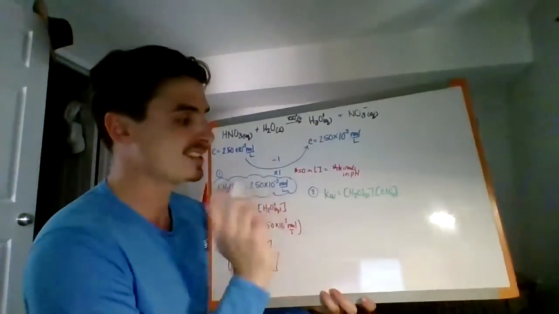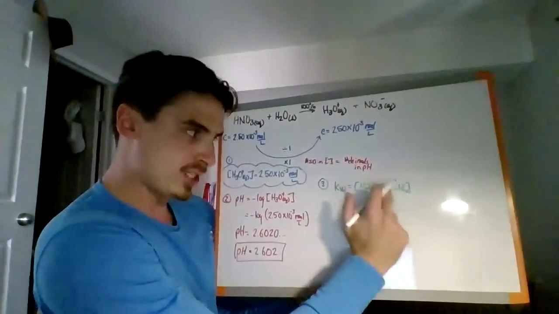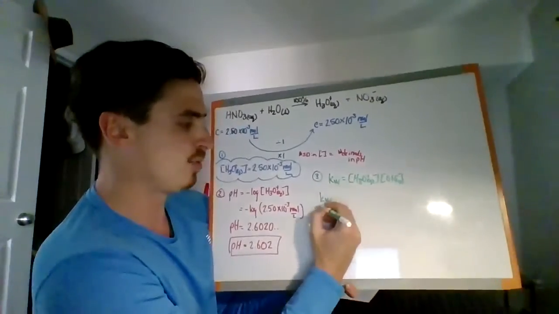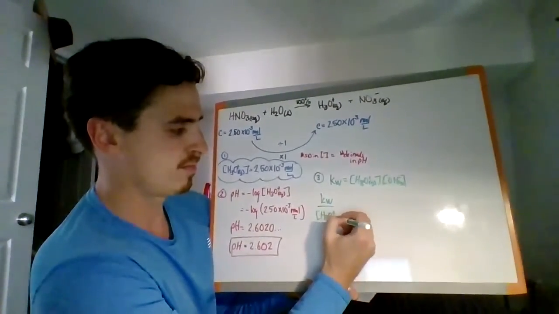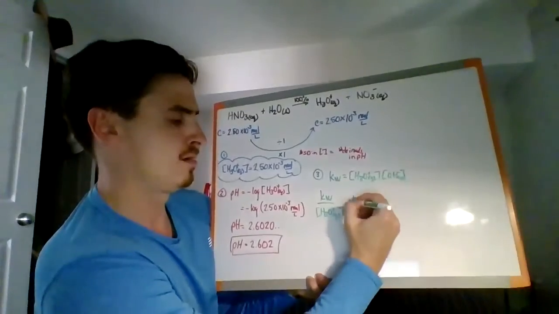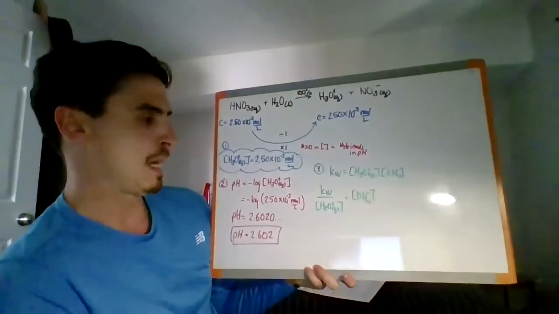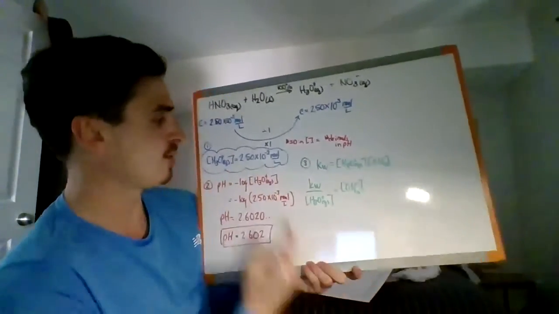Kw is a constant. It doesn't change. It will always be the same. So I can rearrange this formula, divide both sides by hydronium, and end up with this. Okay. So I can find the concentration of hydroxide because I know this and I know that.